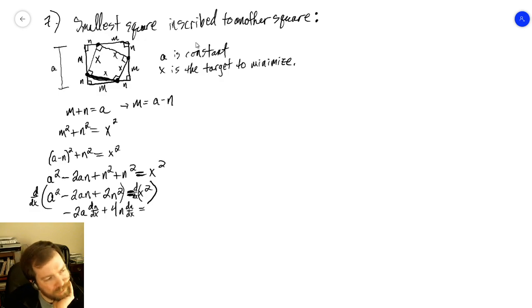So we can kind of go two ways with this. Since x is the target to minimize, we don't want to derive based on it.